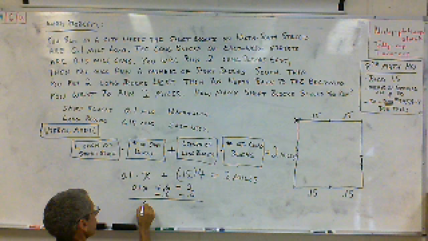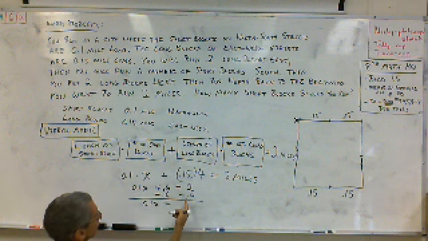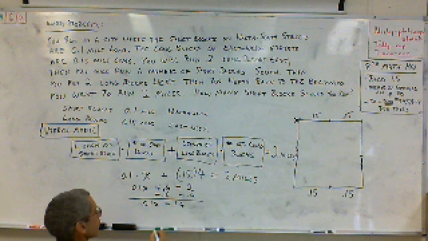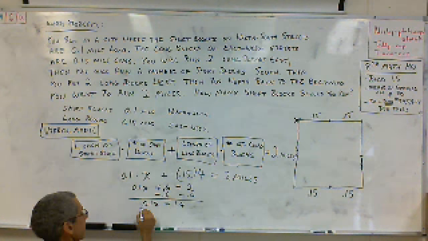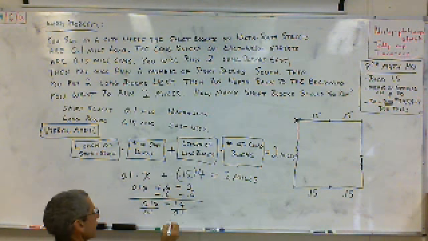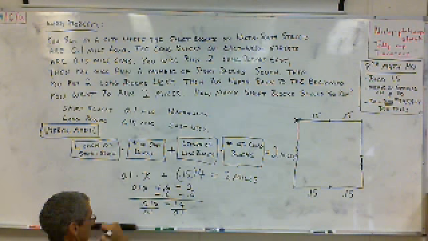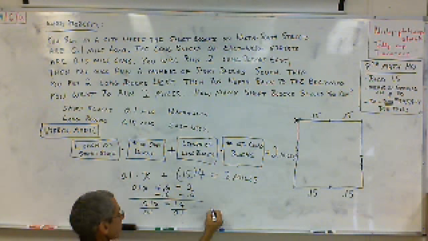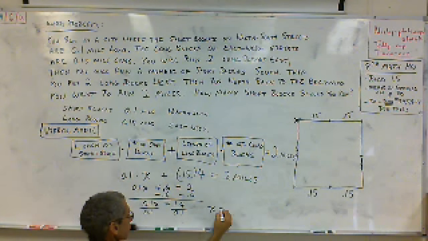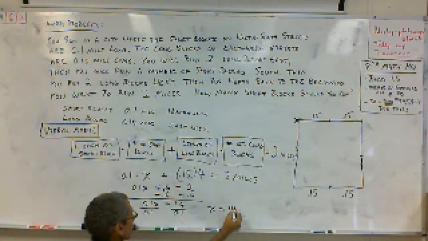We've got 0.1x is equal to 1.4, right? Did I do that right? And I'm going to divide by 0.1. Divide by 0.1. Anybody have a calculator? You have to run 14. Right. Okay. So we can just say x is equal to 14, right?